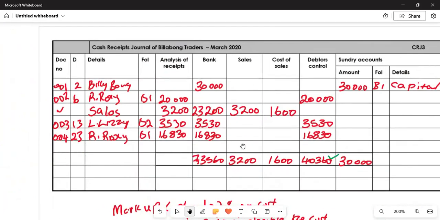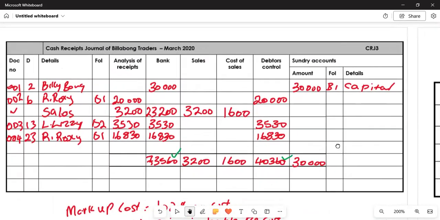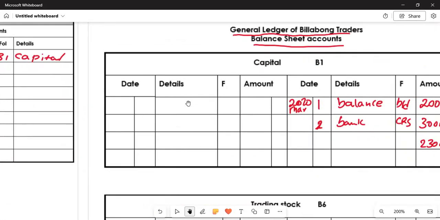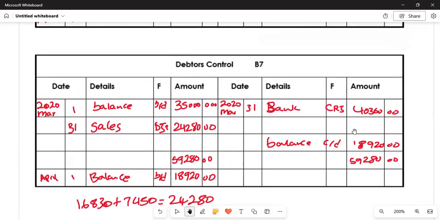Here it is, as we are told that is the total receipts. So here is our 73,560. That is our total receipts on our bank account.